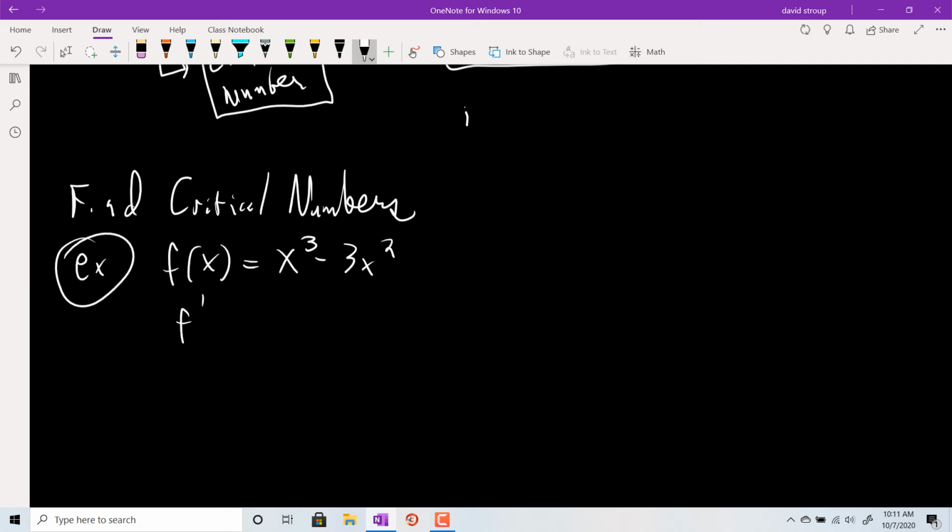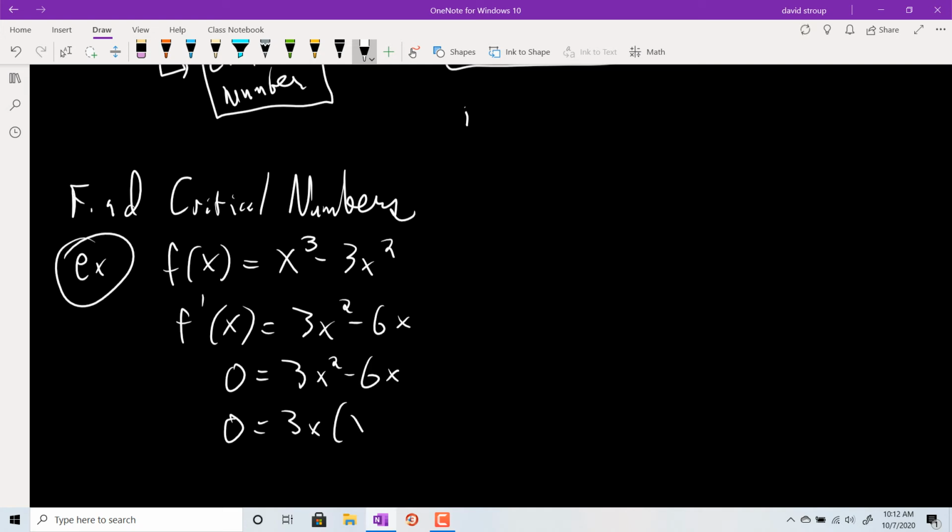So what you do is take the derivative, and you get 3x squared minus 6x, and then you set it equal to 0. I'm going to factor out the 3x, so I'll have 3x times x minus 2. Then set each part equal to 0, so 3x equals 0 and x minus 2 equals 0, and then solve.